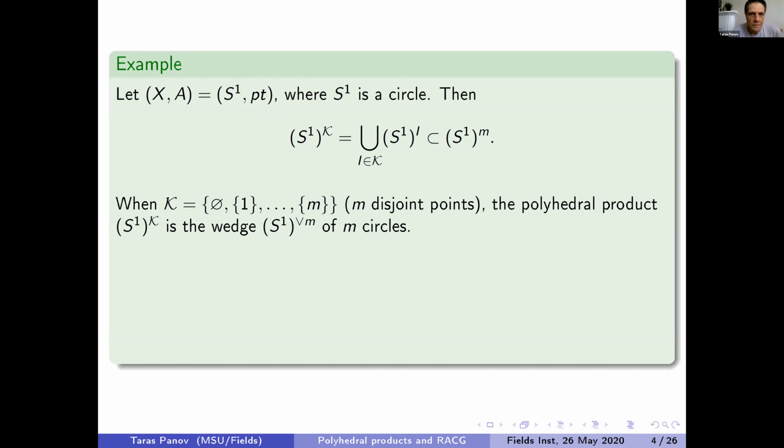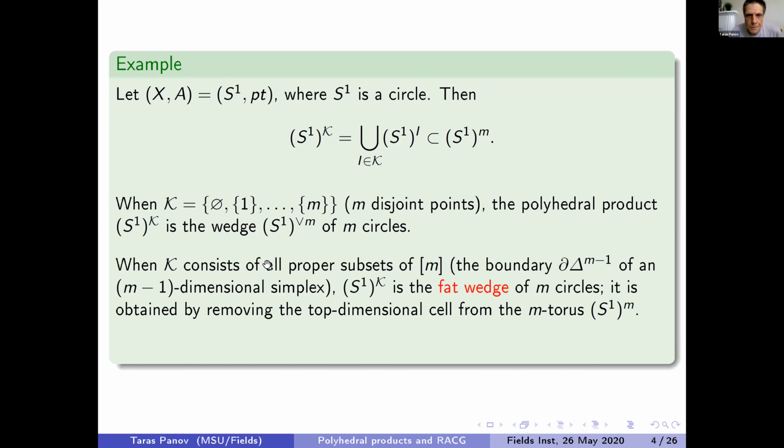Probably the first paper where it appeared was the one of Charney and Davis in the 1980s, where they proved that this space is a K(pi,1) space for what they call the partially commutative group, which is the same as a right-angled Artin group when K is a flag complex. Anyway, nowadays we think of it as a polyhedral product. It interpolates between the m-fold wedge and the m-fold product of circles.